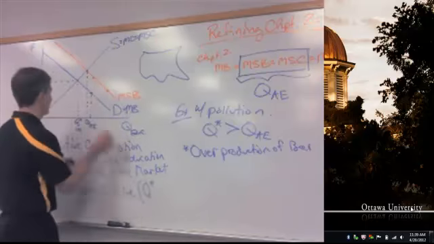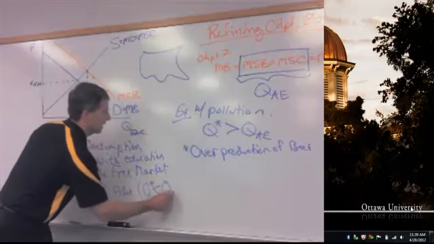So the market quantity is less than what's allocatively efficient.